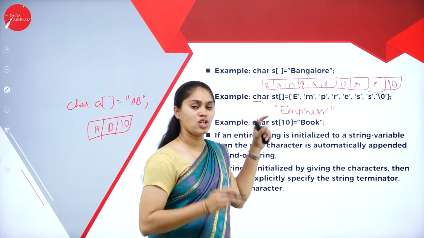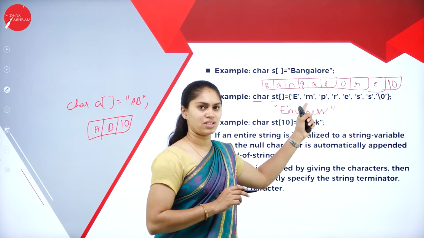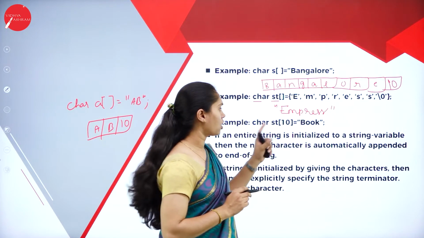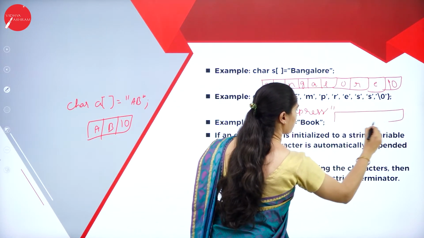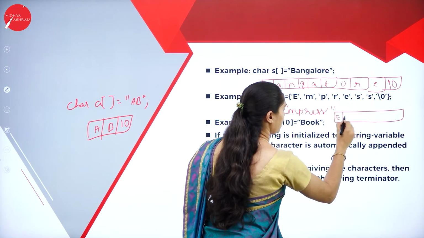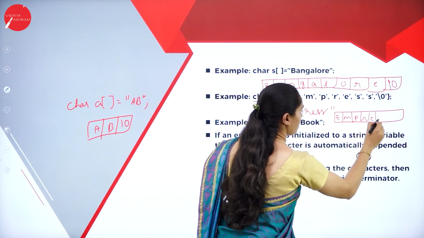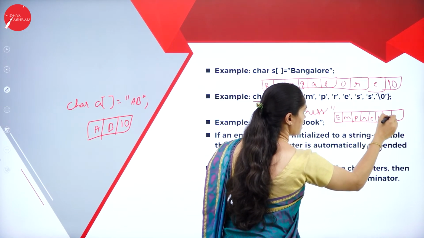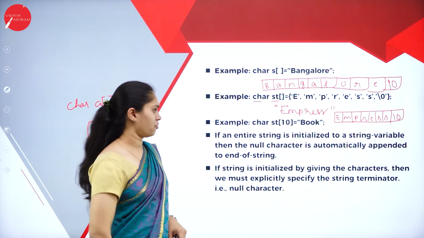If it is a string, it should be enclosed between double quotes. If it is a character, we use single quotes. How will it be represented in computer memory? E, M, P, R, E, S, S. At the end, it will hold a null character in order to represent the end of a string.